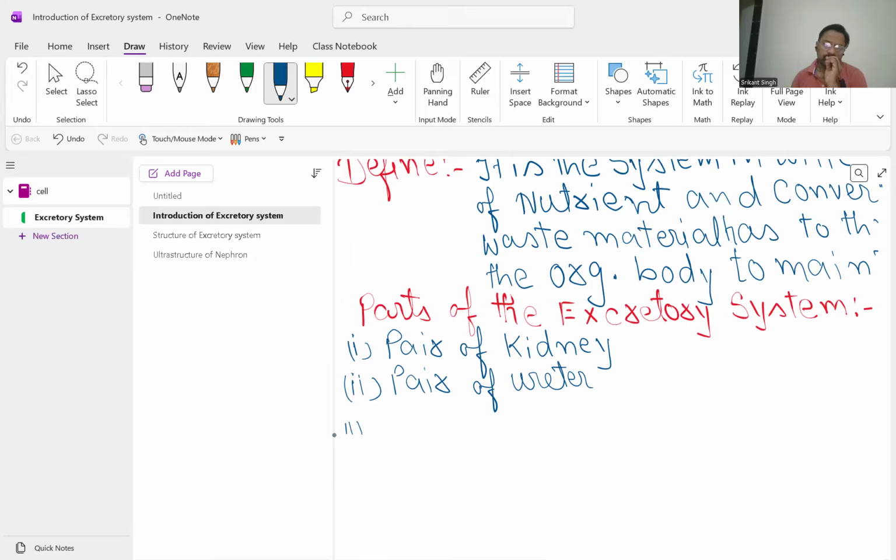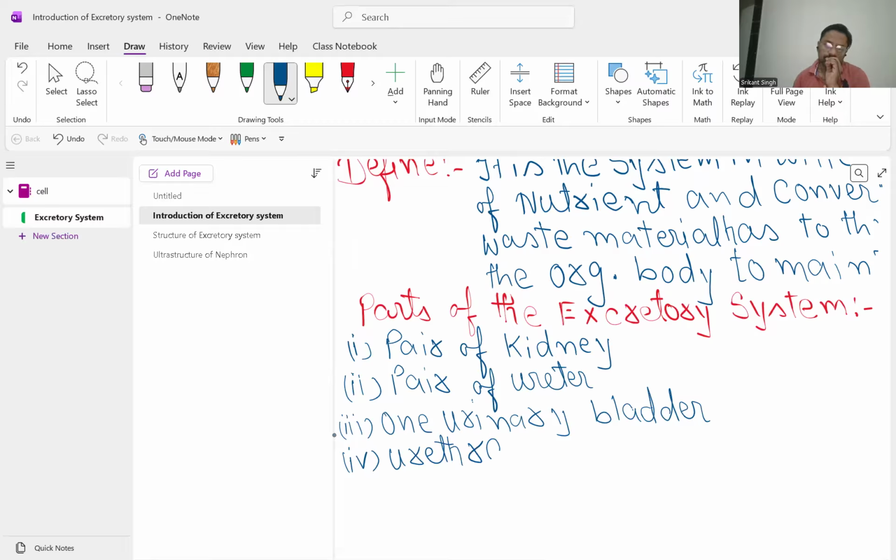Third, one urinary bladder. And finally, fourth, the urethra.